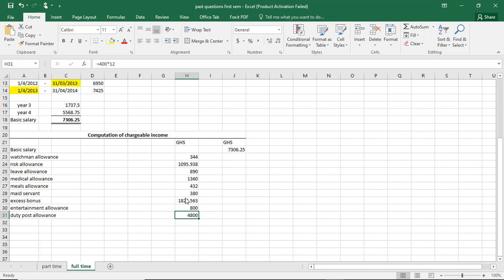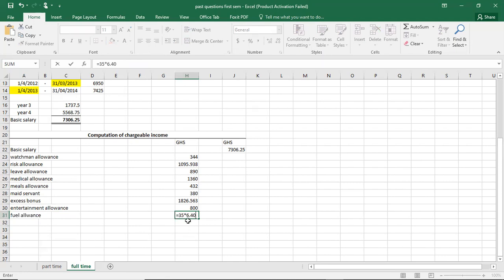Then from entertainment allowance, he has been given fuel allowance. That is in note 13. This man has been given a fuel allowance of 35 gallons per month, and each gallon costs 640 pesos.